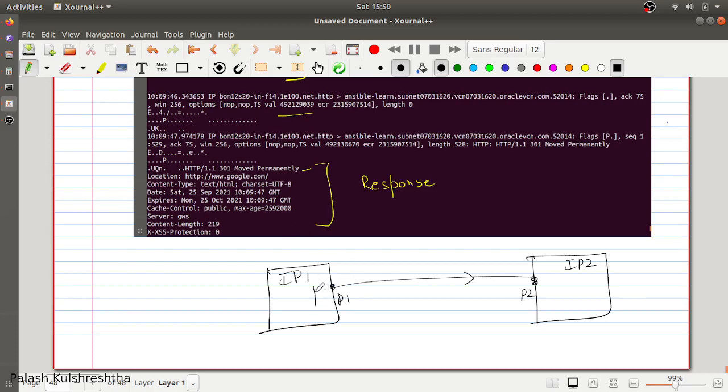TCP has retry mechanisms. The operating systems or the network software running on the servers which are handling the TCP connections between two servers S1 and S2 are going to coordinate among themselves using TCP, transmission control protocol. Protocol basically means a set of rules that both of these servers have to follow to communicate efficiently and understandably between themselves.